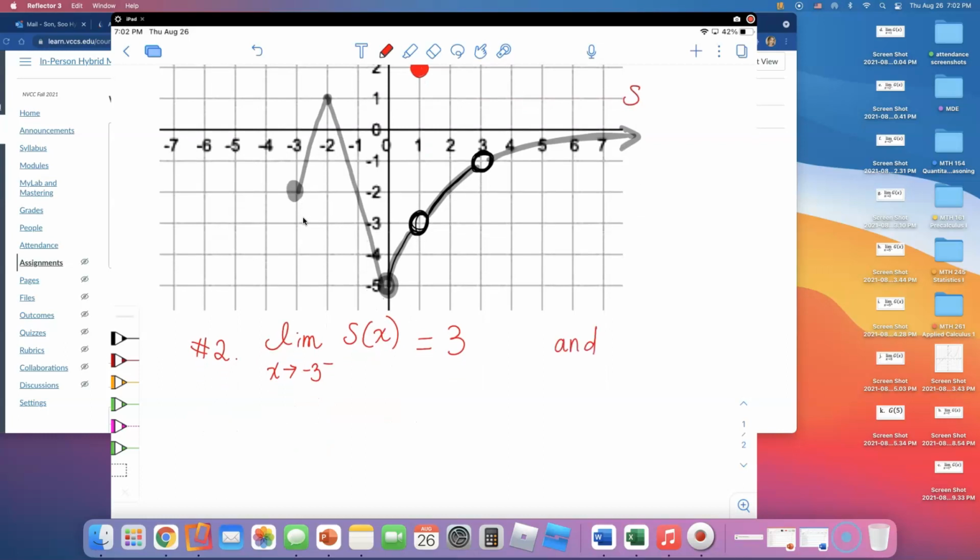And the limit of S of x as x approaches -3 from the right is -2.